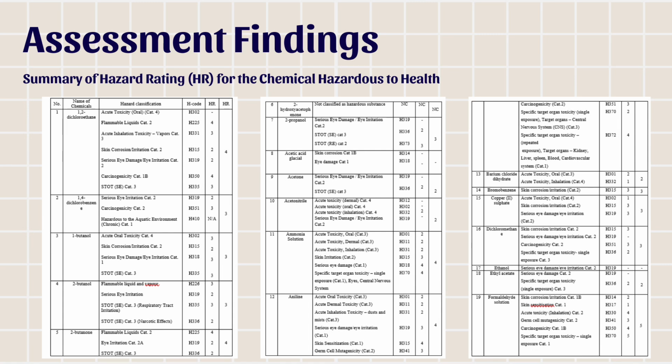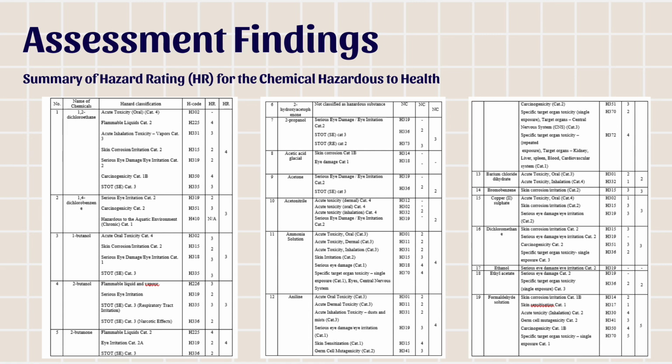It is important to understand that HR represents the inherent hazard of the chemical and not the actual level of exposure. As shown in the table, the ratings vary depending on the health effects associated with each chemical. For example, 2-propanol and acetone received lower inhalation hazard ratings because their major health effect is drowsiness or dizziness following vapor exposure.